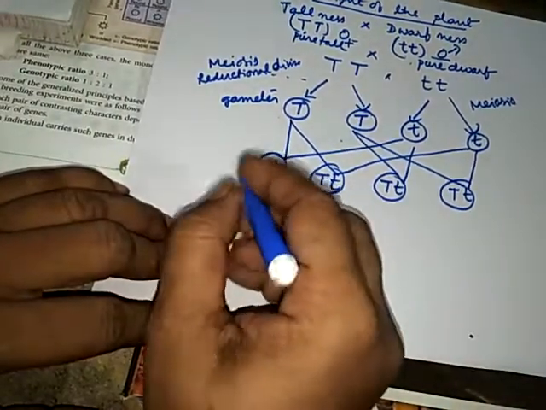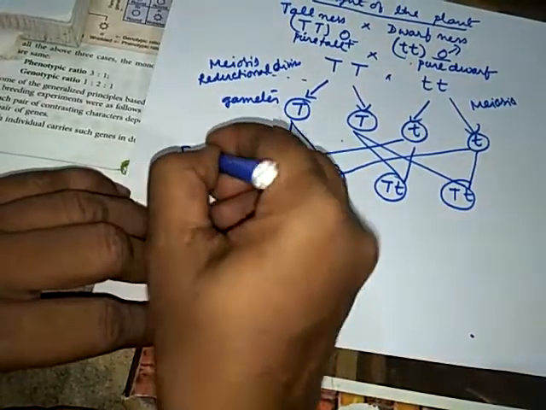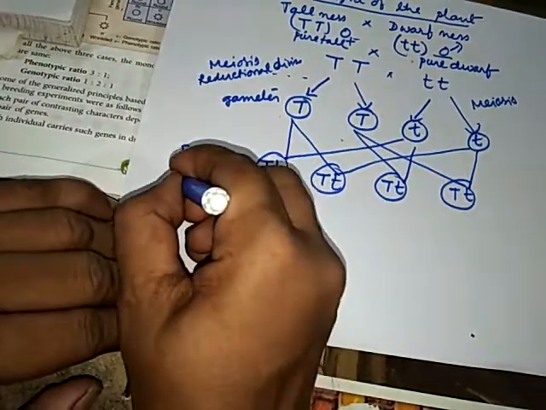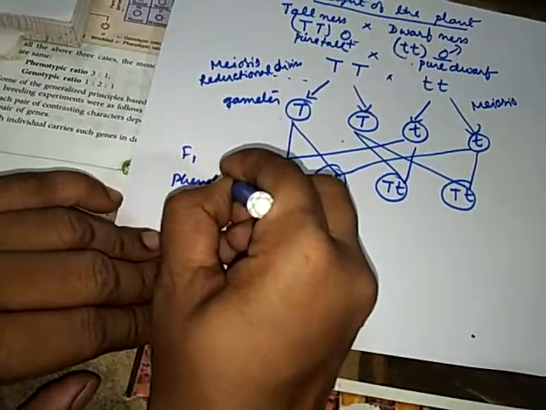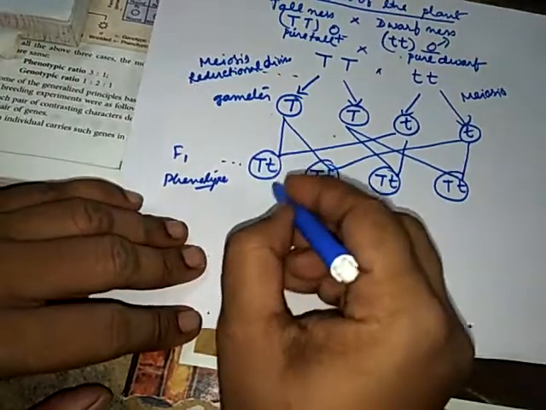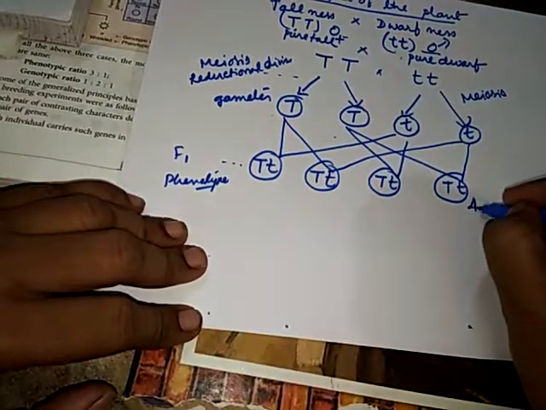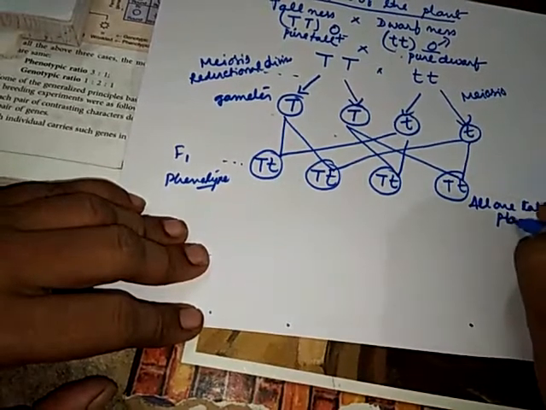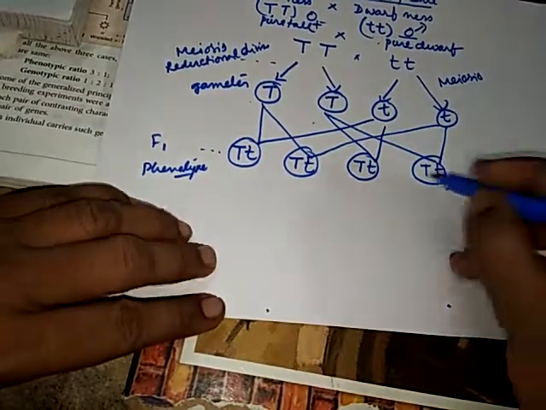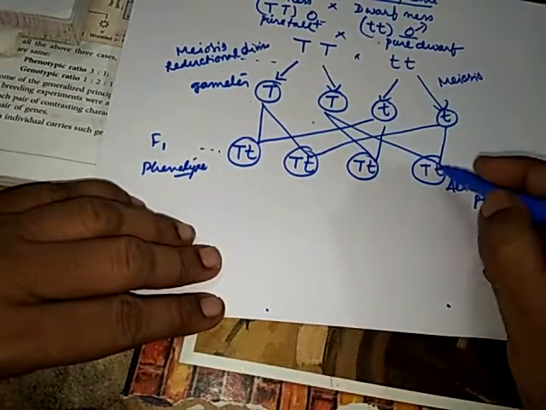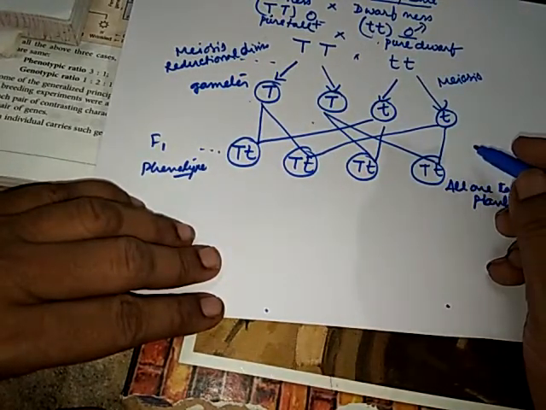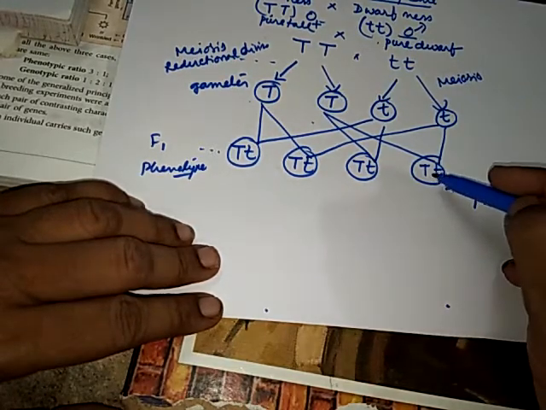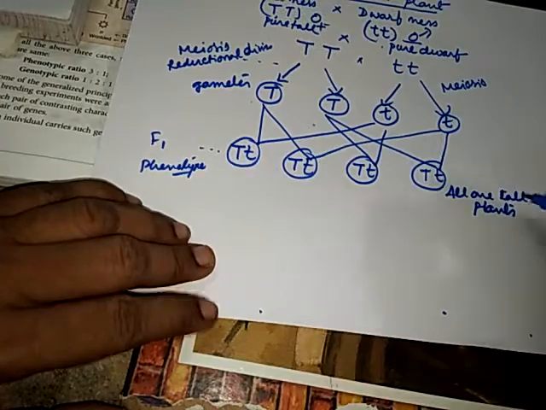This is the F1 generation, the first filial generation, and the phenotype says that all are tall plants. All are tall plants, but all are heterozygous. Tallness is dominating, and all 4 offspring show the same heterozygous character.